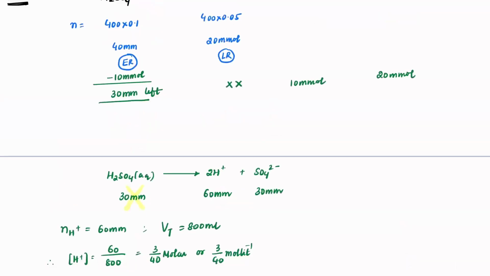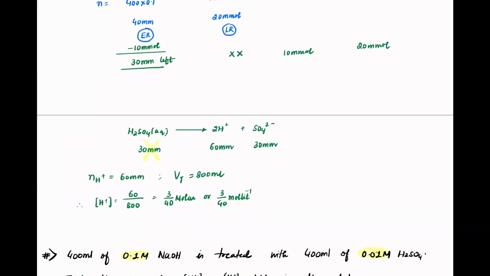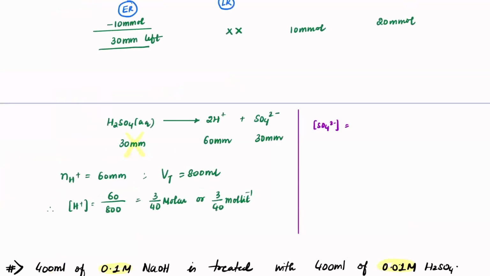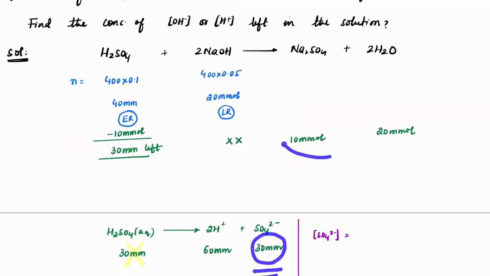Clear? By chance, if the question asks you to figure out the concentration of SO4 2 minus: you can notice that there are 30 millimoles generated here and another 10 millimoles generated here.